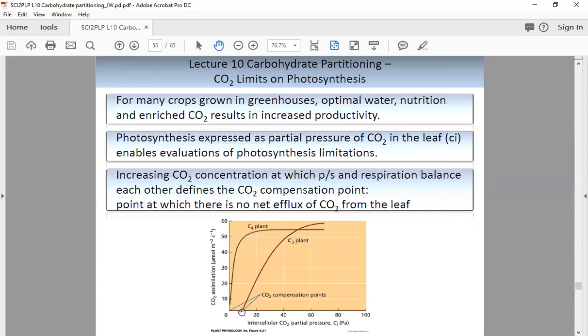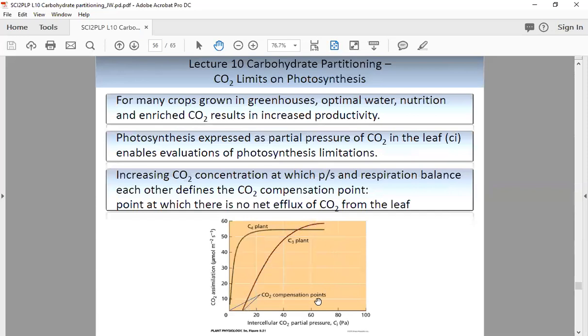That's the unit being used. Yep, at about 15 pascals, we can see that saturation occurring. In the C3 plants, increasing carbon dioxide pressure levels continue to stimulate photosynthetic rates over a much broader range of carbon dioxide pressures.